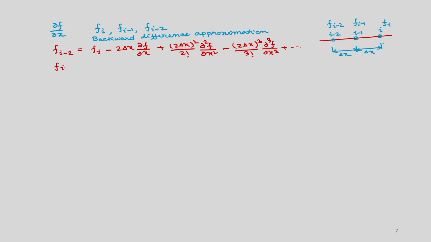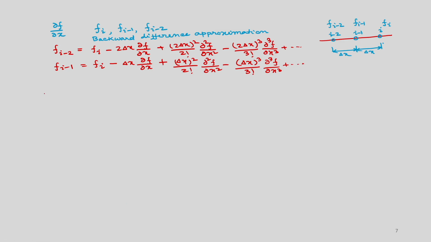Similarly, f i minus 1 you can expand using Taylor series about point x i. So, you will get f i minus delta x del f by del x plus delta x square by factorial 2 del 2 f by del x square minus delta x cube by factorial 3 del cube f by del x cube, okay, and other higher order terms.